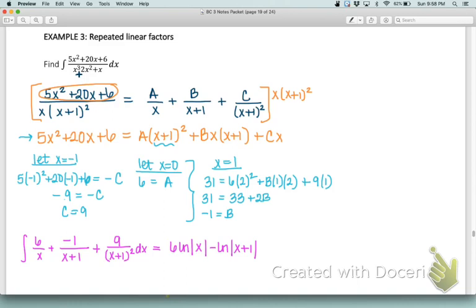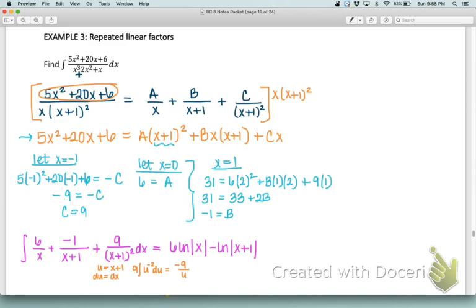Now, for the third one, we do have to think about this in a little bit more detail here. If we let u be x plus 1, then du is dx, just like it would have been before. So what we're really doing is 9 times the antiderivative of u to the -2 du, which is going to come out to be -9 over u.